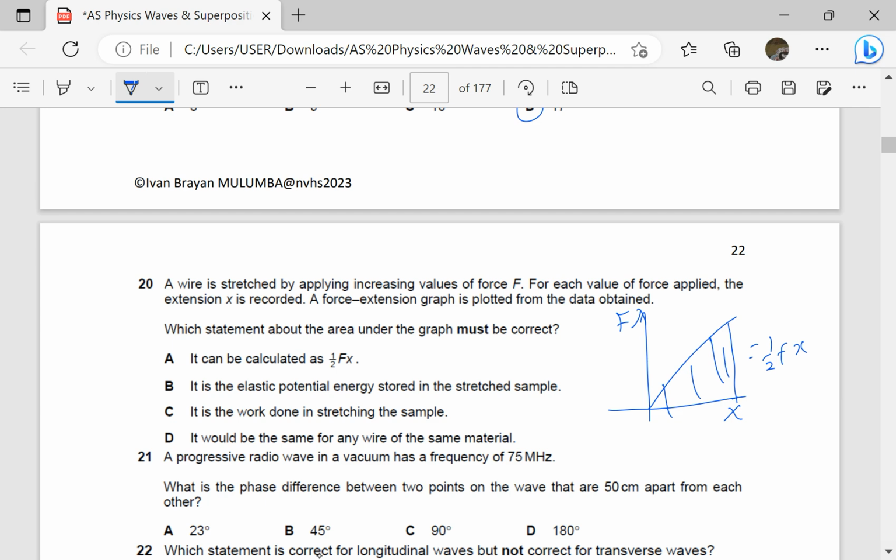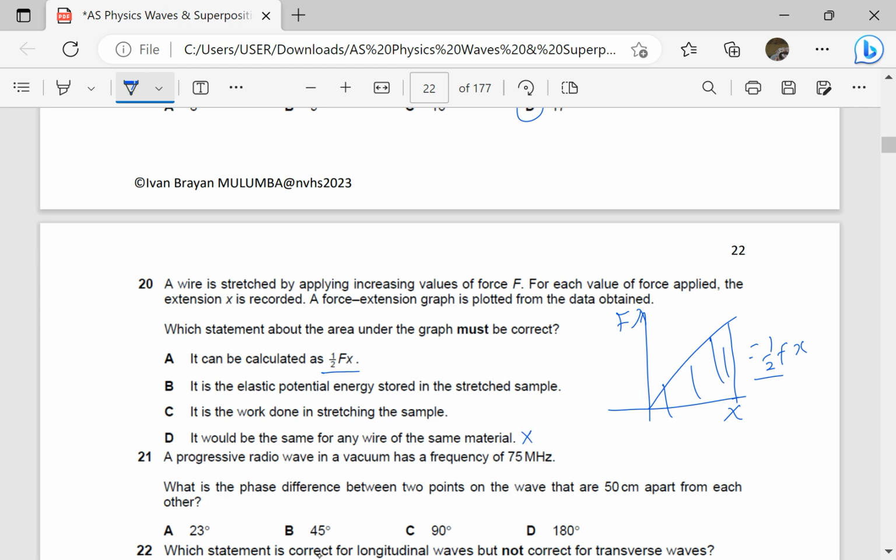This will be the elastic potential energy, or the energy stored in the stretched material. But the question is, which statement about the area under the graph must be correct? It can be calculated as a half Fx. It is the elastic potential energy stored in the stretched sample. It is the work done in stretching the sample. It would be the same for any wire of the same material.